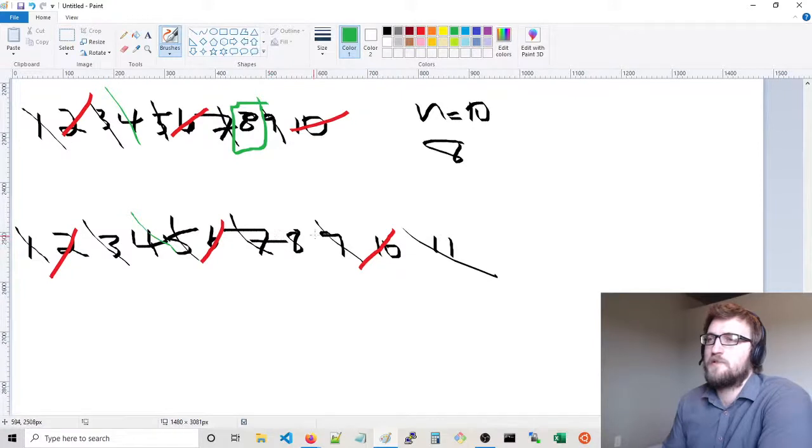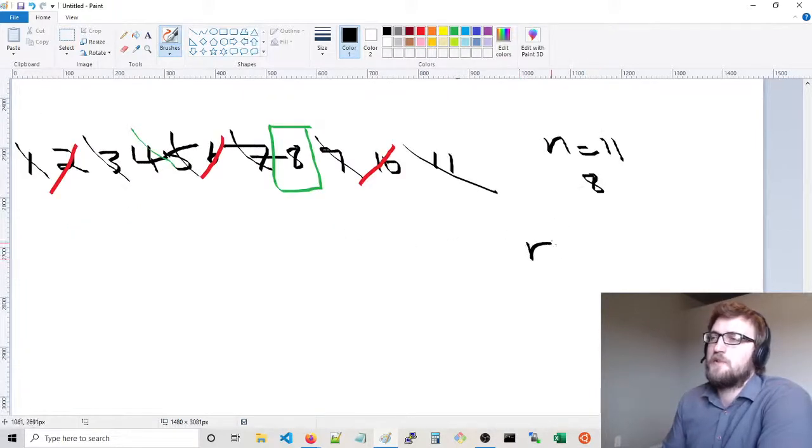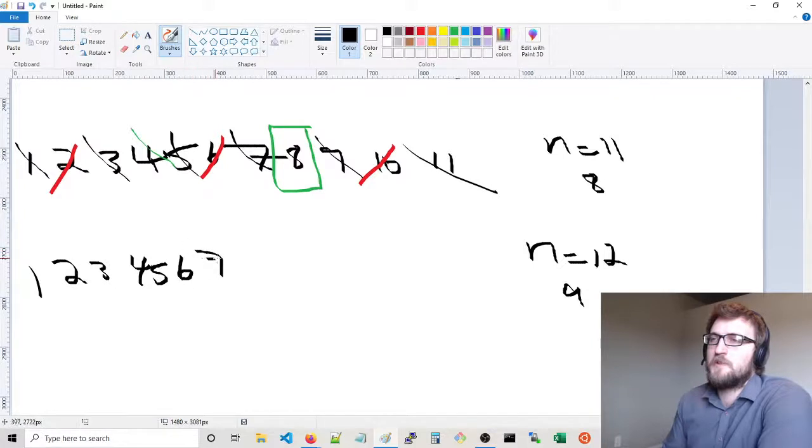Oh, there is no other. Just 8, okay. And I think n equals 12, you're going to get 9. Again, you're starting to see a pattern. We can kind of guess why this pattern might be.